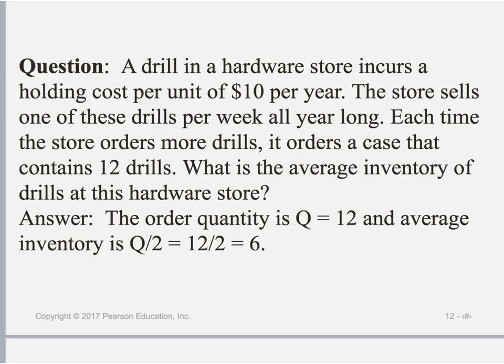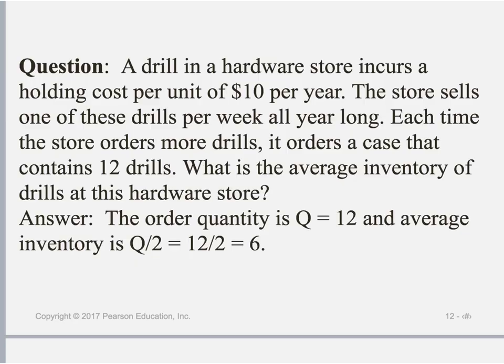A drill in a hardware store incurs a holding cost of $10 per unit per year. The store sells one of the drills all week long, and each time the store orders more drills, it orders a case that contains 12 drills. What is the average inventory of drills in the store?